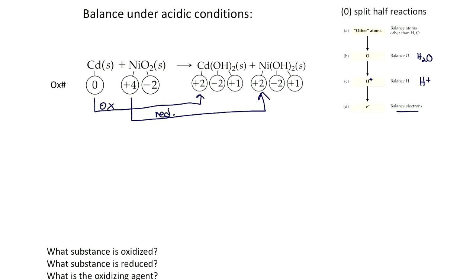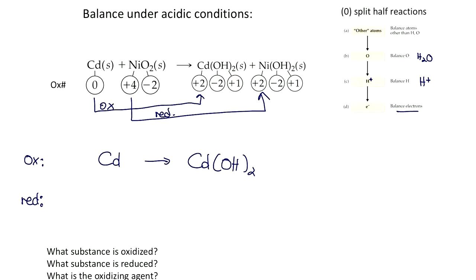So I like to write the oxidation reaction first and then the reduction reaction. Always give yourself enough space because you're going to add a lot of stuff. So in the oxidation reaction, you're taking cadmium and making cadmium hydroxide. Notice how I'm just taking the reactant and the product for the half reaction from the full reaction.